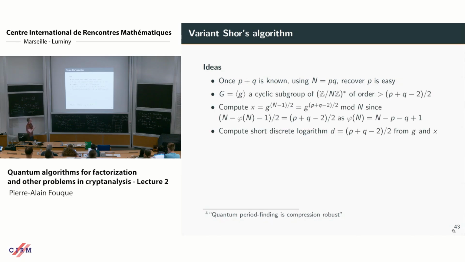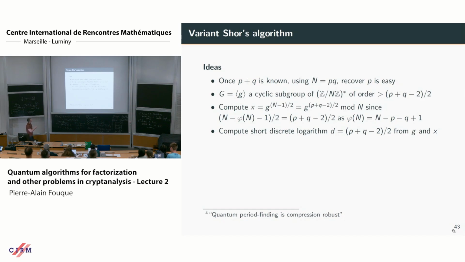So how can we put the discrete log in the exponent? It's not too complicated. We take as input some element, and we hope that its order is larger than the discrete log we are looking for. Here there is a half of the value, but you can think of it as p plus q.